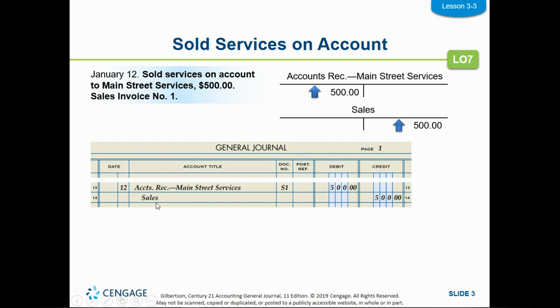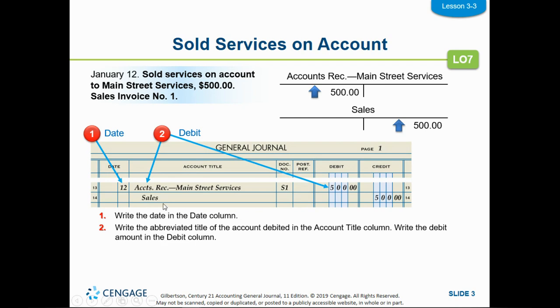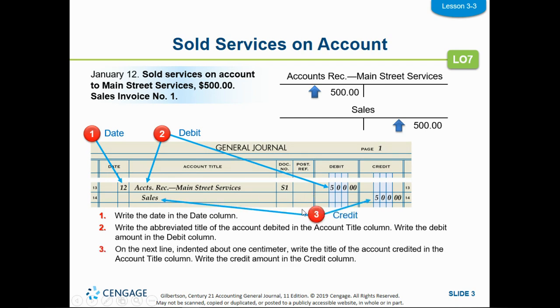Accounts receivable is an asset. So again, we do our date, our accounts receivable debit, our sales credit, and this time, because it's not a cash register tape, it's a sales invoice, because we fill out that sales invoice when we sold it to them. So this is going to be S1.